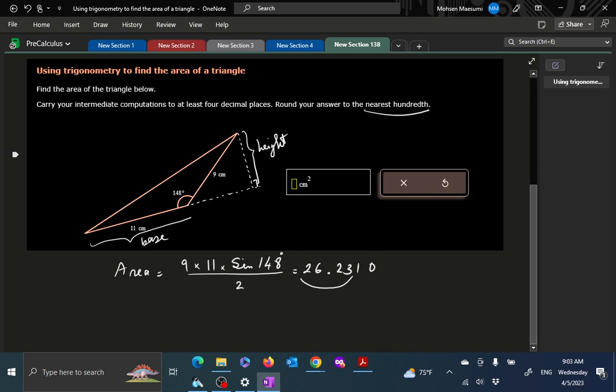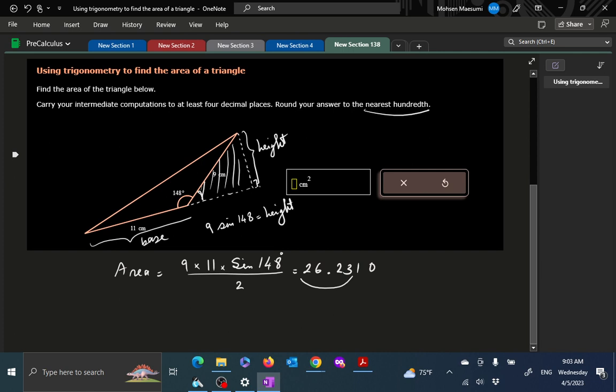Well, I can calculate this height based on this right triangle. In this right triangle, this angle is 148, and the sine of 148 is equal to the sine of this angle. Now, if I take 9 multiplied by sine of 148, I'm going to get the height.